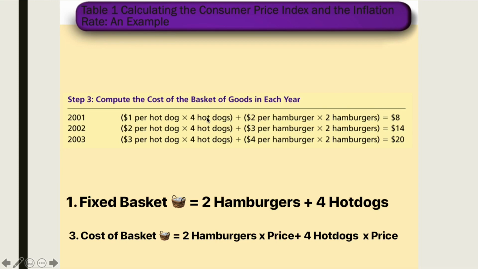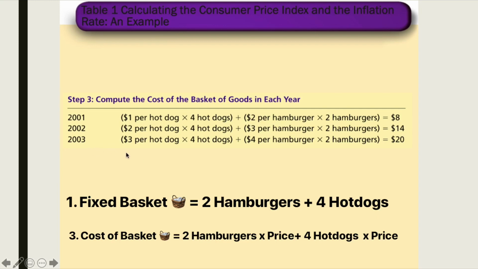Similarly, if he was to buy the same basket again in 2002, it would cost him the price of the hot dog that year multiplied by the number of hot dogs plus the price of the hamburger that year multiplied by the number of hamburgers, so $14.